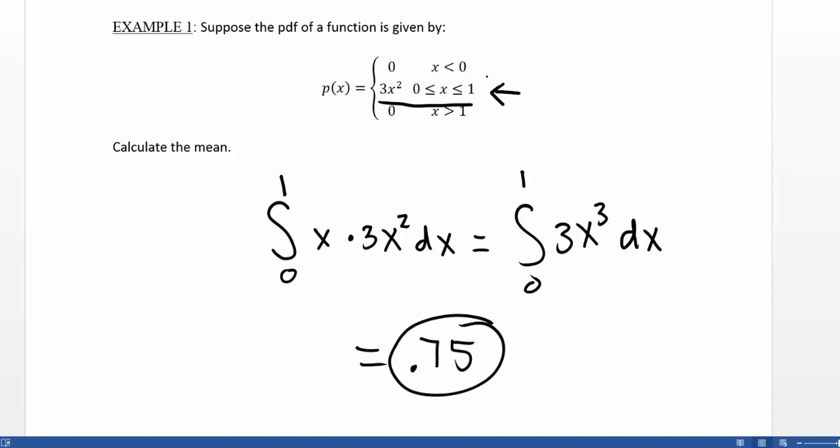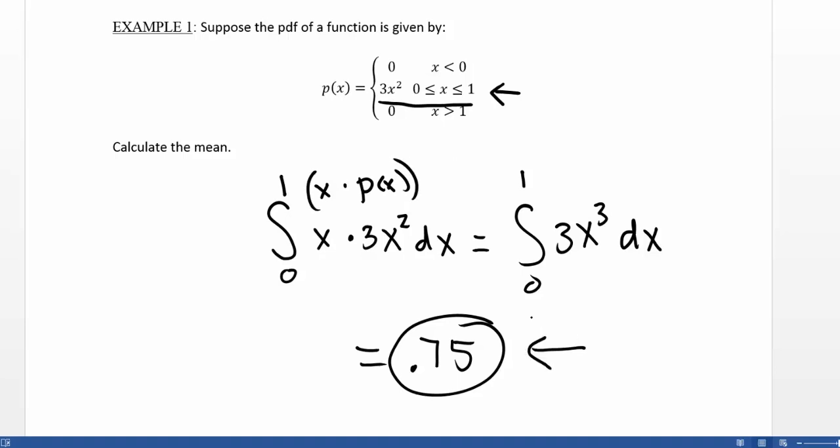I want to make sure that it's on my interval, which is 0 to 1, so I'm all set. So the mean here of this distribution, the average value, is 0.75. Again, I'm multiplying x times my density function to get my mean.